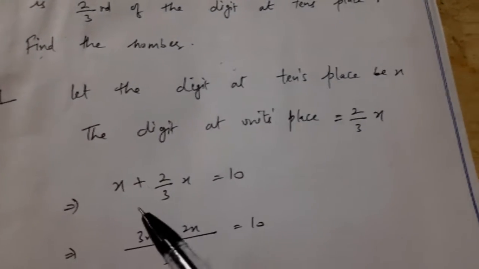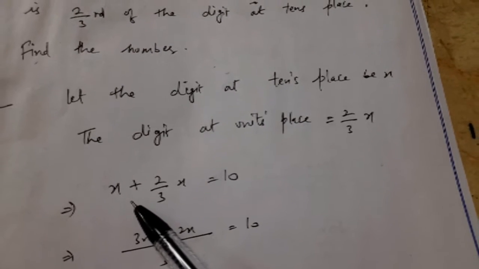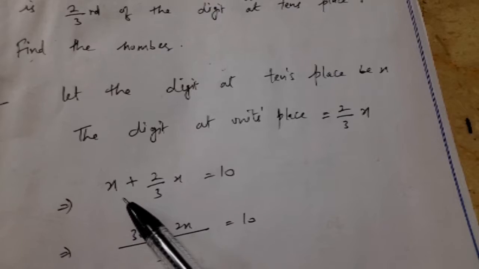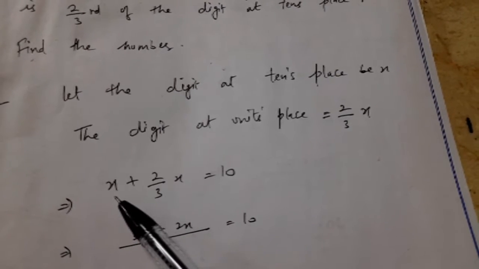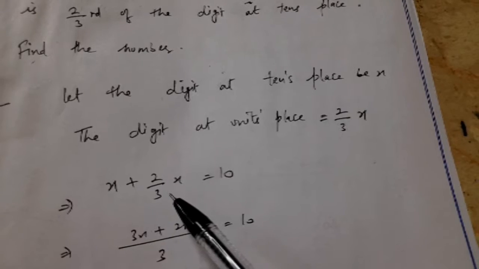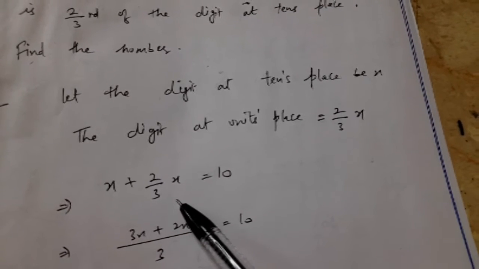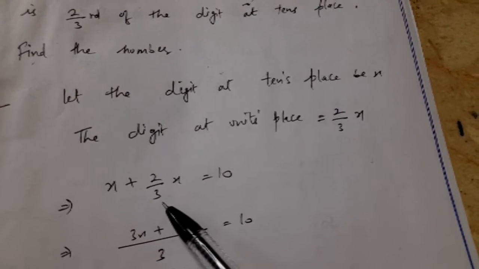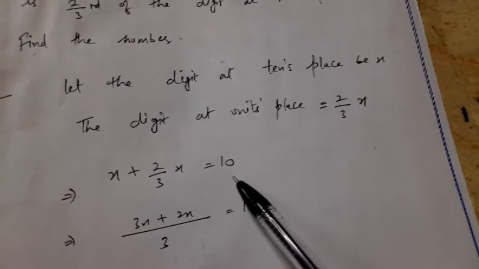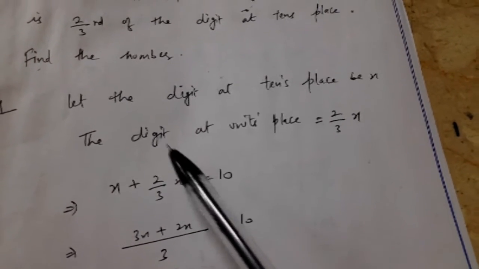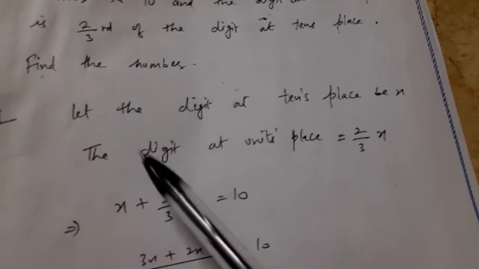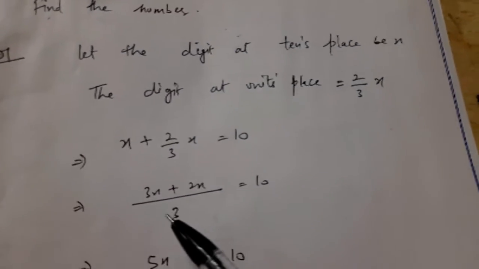Now according to the question, if we add both digits of the number, that is units place and tens place, we don't have to add the place values, but we have to add the face values of the digits. So x plus 2/3 x equals 10, as it is given in the question. The sum of the two digits of the number is 10. So we have made our statement like this.